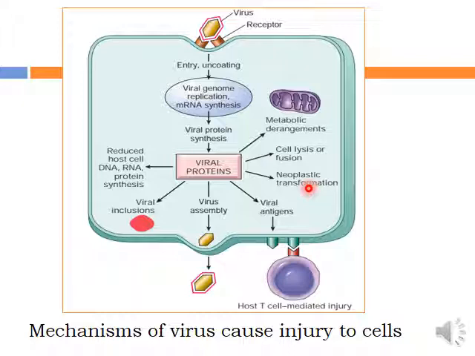Another example is EB virus, causing nasopharyngeal carcinoma, or human T-cell lymphoma virus, responsible for the development of lymphoma. Or there will be cell fusion, cell lysis and damage of the cells, release of the virus, or impairment of the metabolic function of the cell.